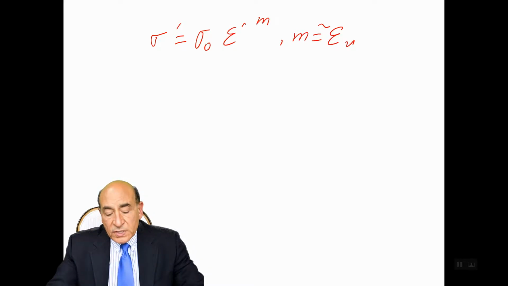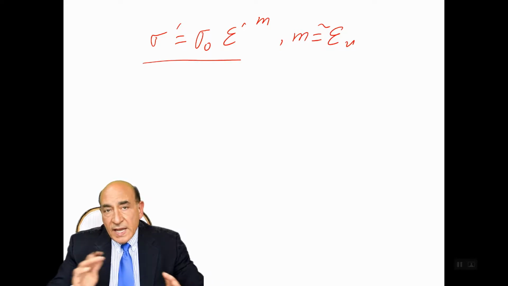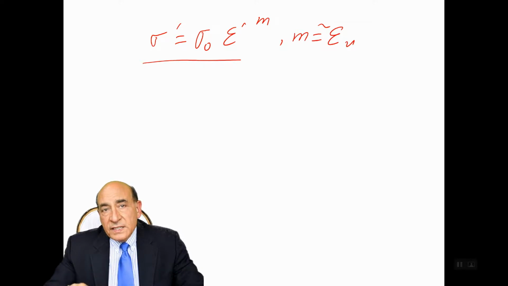And therefore, our objective is to compute the new yield point of the material after the cold work. So in other words, I can use this relationship for any value of strain and stress, but I'm interested in the value at which I unload it.